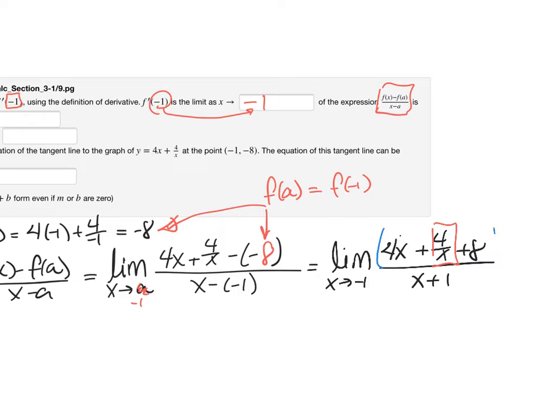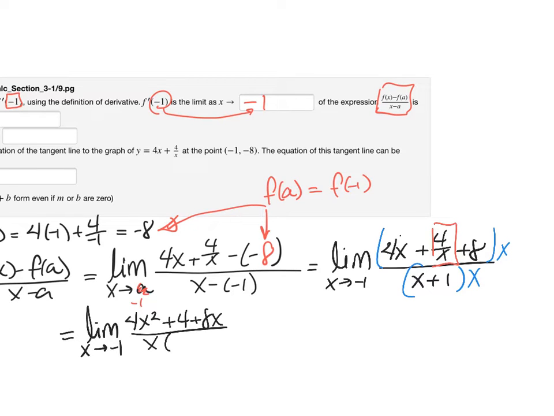The way I'm going to do that is I'm going to multiply the numerator and the denominator by my lowest common denominator, which happens to be x. So this is equal to the limit as x approaches -1 of 4x squared plus 4 plus 8x over x multiplied by x plus 1.